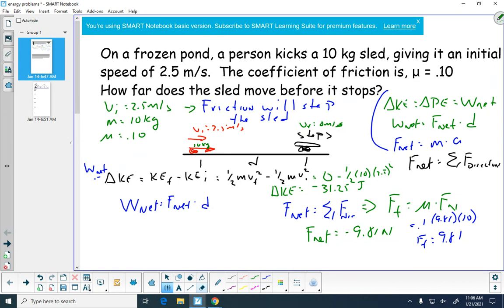So our net work is equal to negative 31.25 joules. This is equal to our net force, negative 9.81 newtons, times the displacement. So we can divide by the negative 9.81 and find how far it takes for it to stop.